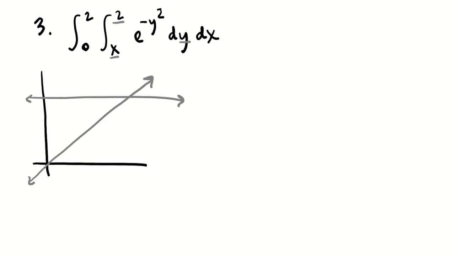So yeah, the lower bound of the region is y equals x, and the upper bound is y equals 2. That's another way of looking at it. And then x runs from 0 to 2. That's here, that's there. Then I'm going to say, it's definitely this triangular region.